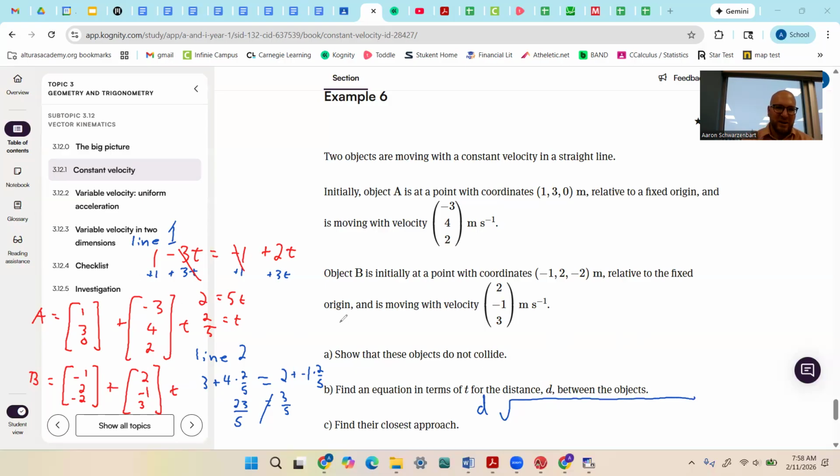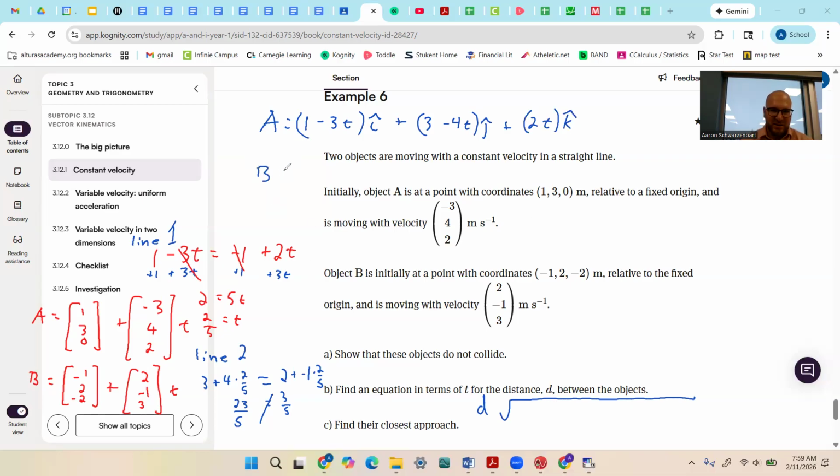In this case, I could write this equation for A, and it might be easier to think of it in the physics notation: 1 minus 3t i hat plus 3 minus 4t j hat plus 2t k hat.